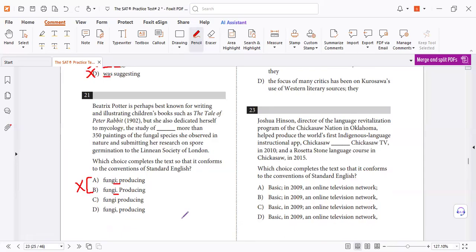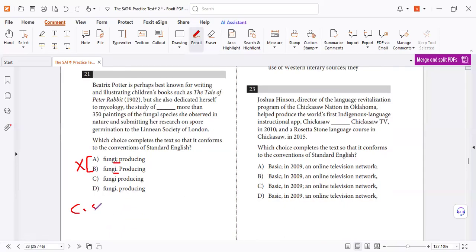Now check the rules. I told you: complete sentence, comma, present participle phrase, here producing, related to the subject of the previous sentence. She is the subject. So who was producing more than the others? She. So you need a comma. Where is the comma? This one.